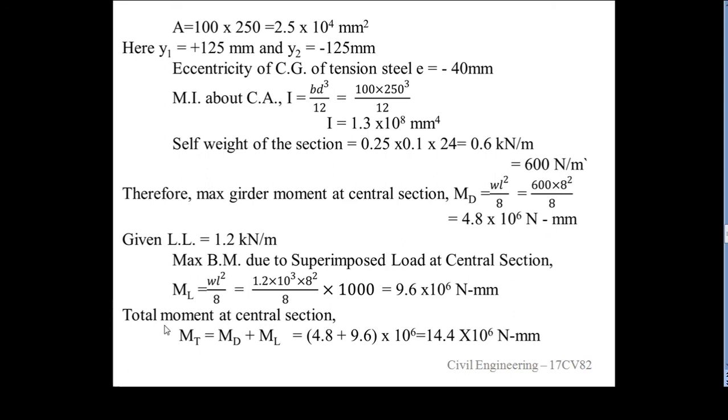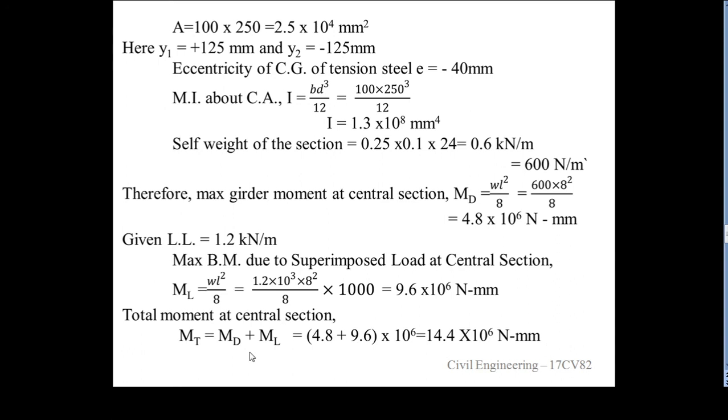Then the total moment at centroidal section, that is MT, is equal to MD plus ML, that is equal to 4.8 plus 9.6, which gives 40.4 into 10 raised to 6 Newton per mm square.